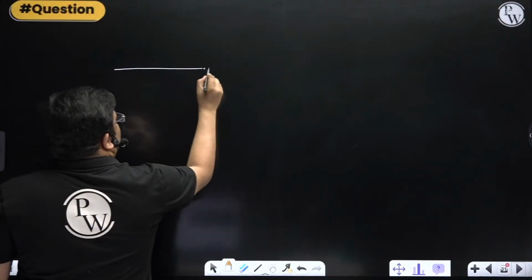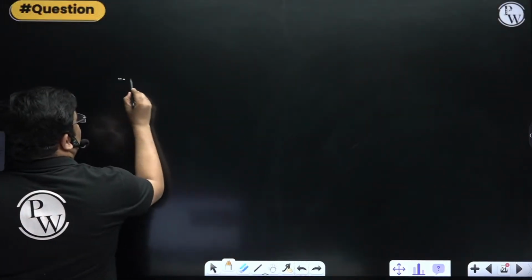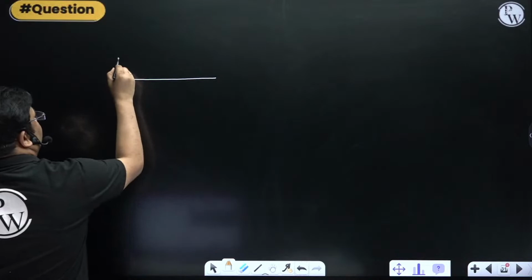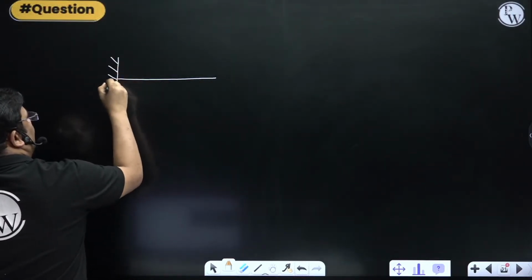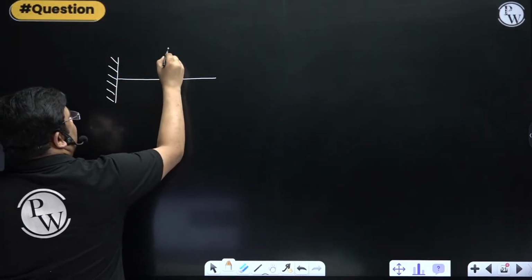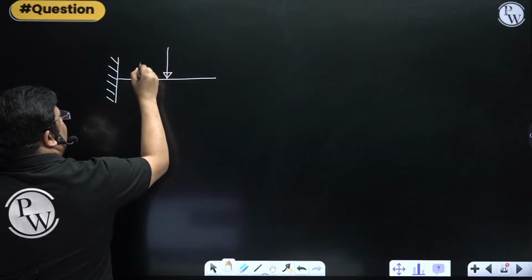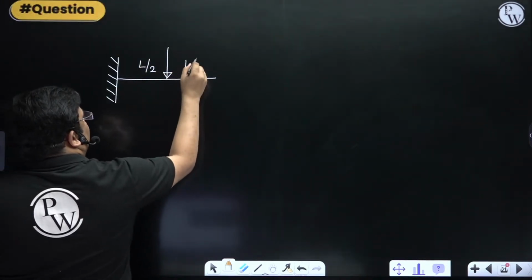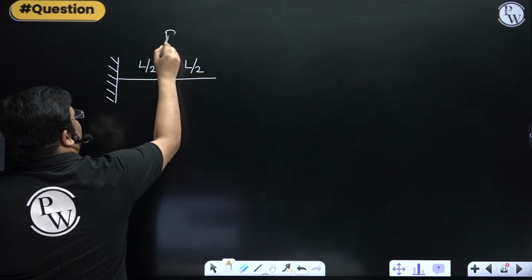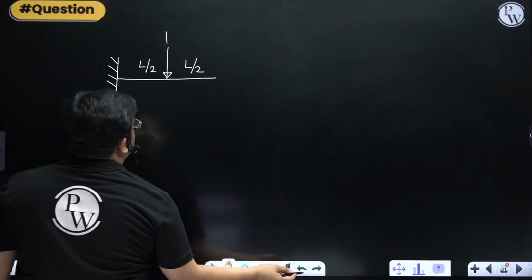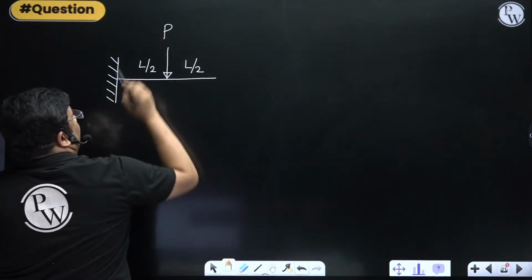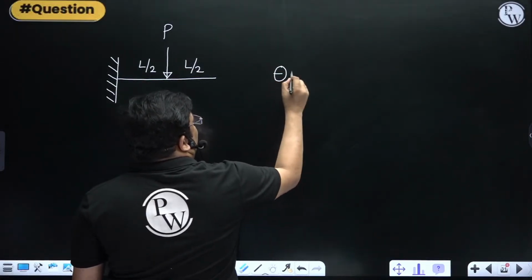How many types of questions can they frame? From the standard conclusions I am telling, there will be a lot of questions. Suppose the load is acting at L by 2, at the mid. And suppose I want the slope at the free end.